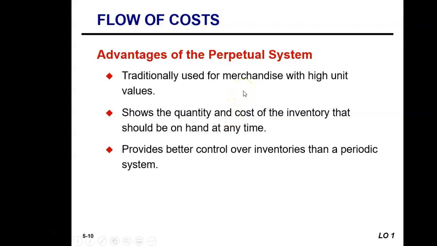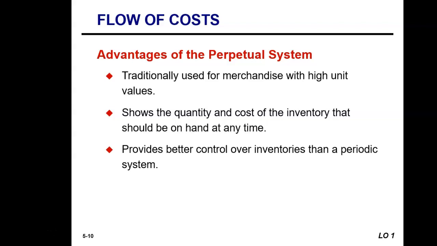Okay? So the perpetual inventory system is traditionally used with high unit value items. When items cost more money, we want to make sure that we're keeping track of it. With the perpetual system, it shows the quantity and cost of inventory at any given time. So we can go to our computer and see how many we have of each item that we're selling.